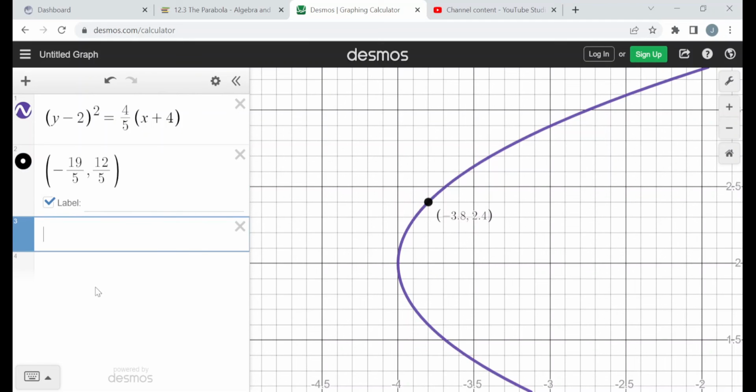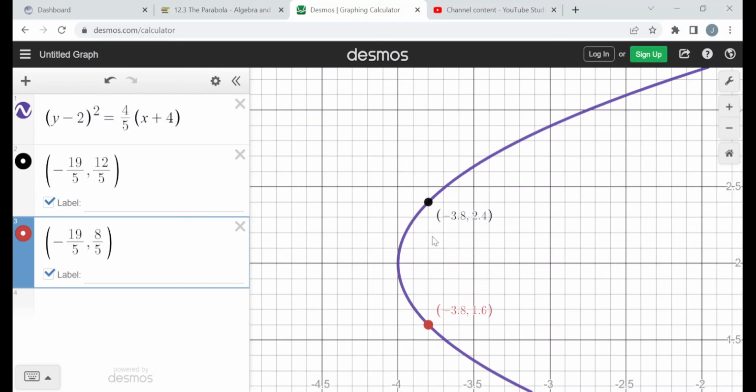And then the other one was negative 19/5, or negative 3.8, comma 8/5, or 1.6. Label that, and these are clearly on the parabola. They are solutions, and they're directly across from each other.